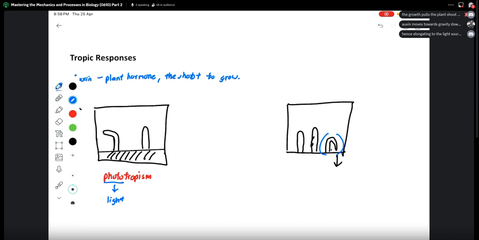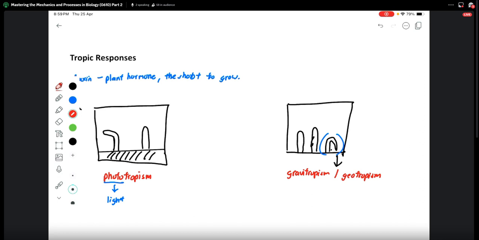Assuming there is zero sunlight, the shoot will be going down, and this is what we call gravitropism, or some may say geotropism, which is going towards the direction of gravity.